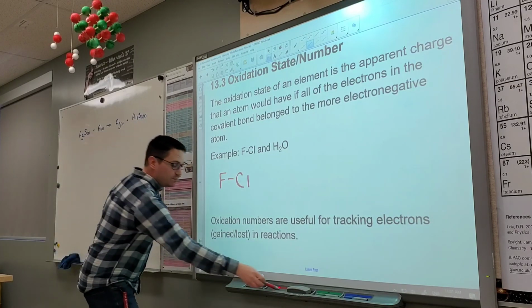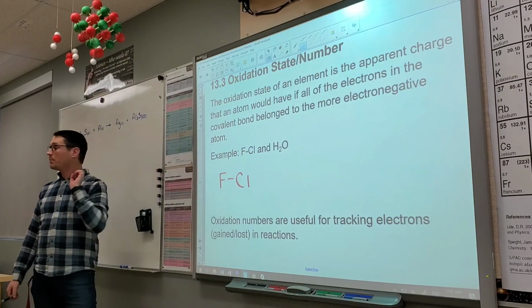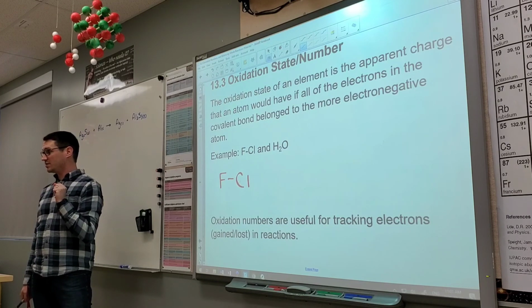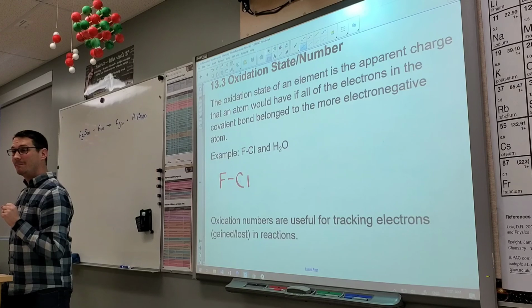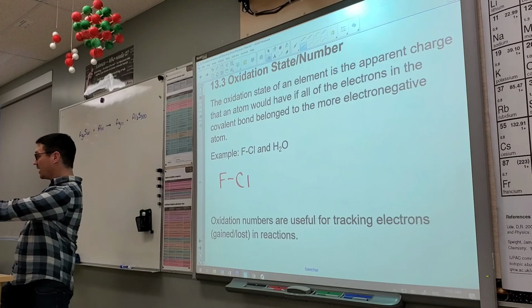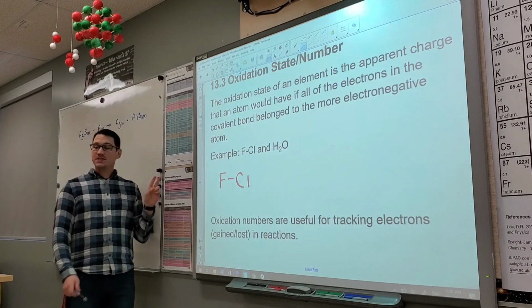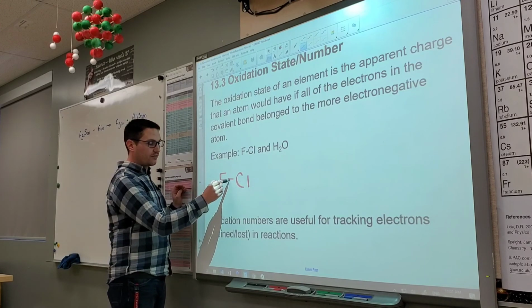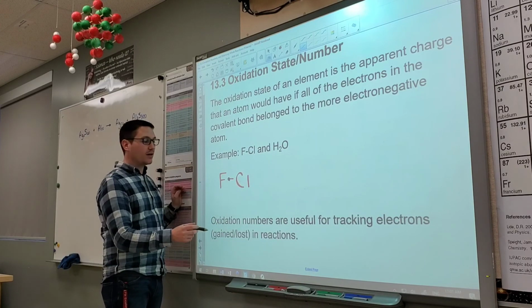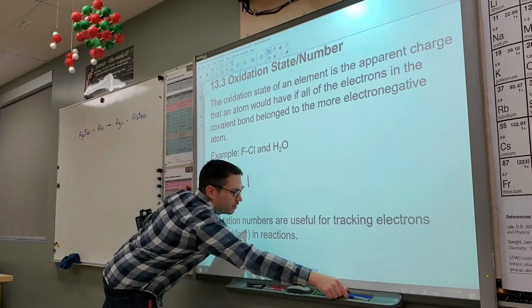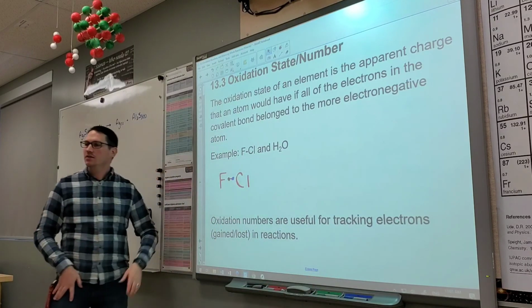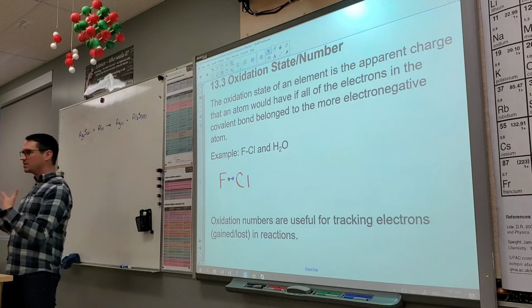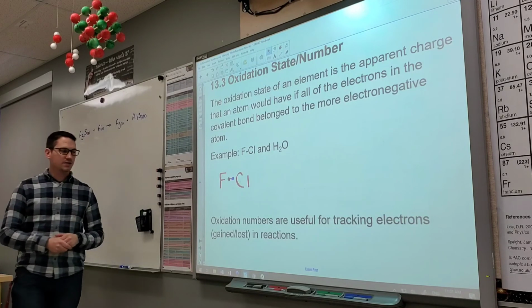Now, this bond represents how many electrons? 2. It represents 1 electron from the fluorine and 1 electron from the chlorine. Every covalent bond is a combination of 2 electrons.